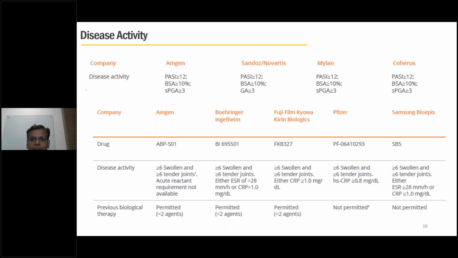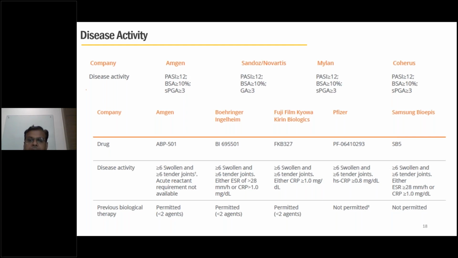In the efficacy trials of the innovator Humira, at least 9 tender joints were required. If you see here, we just listed out the disease activity. You could see that there are more than 6 swollen joints, and different types of joints which have been involved, which should be present for a patient to be part of the study.